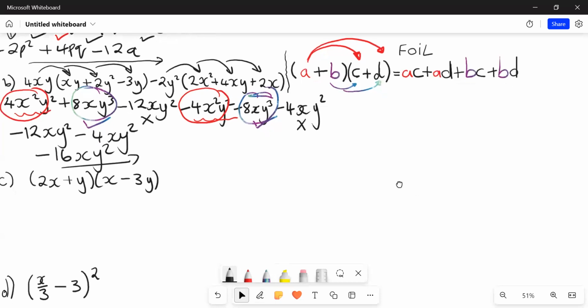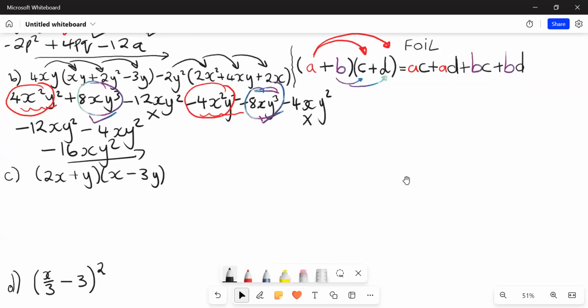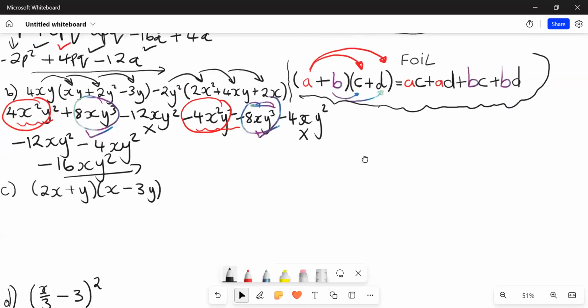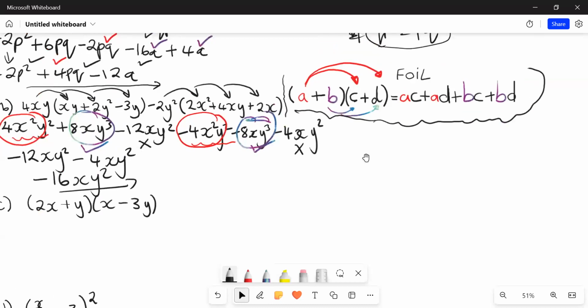Perfect, right? And then if you can check for C and D, let me just say for C, basically we apply the FOIL method. Here's the FOIL method here, right? So basically here we are given (A plus B)(C plus D).